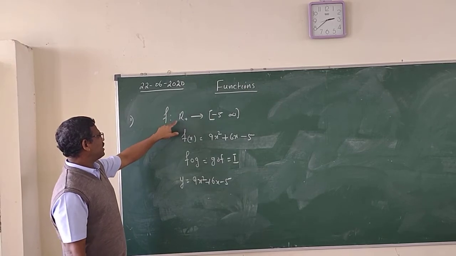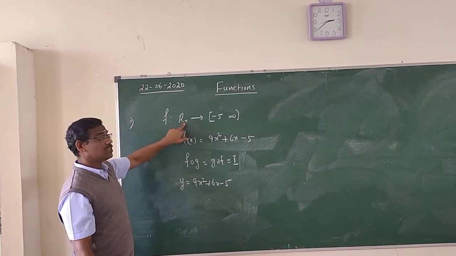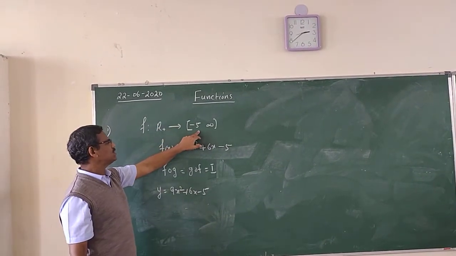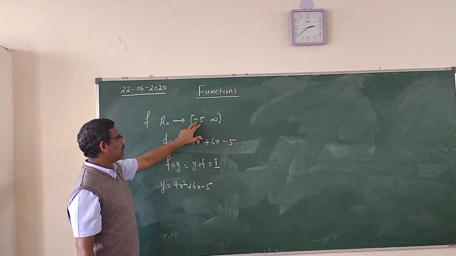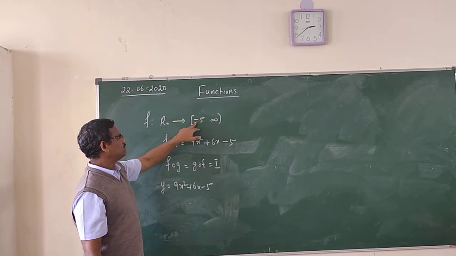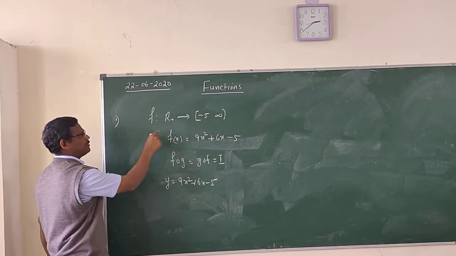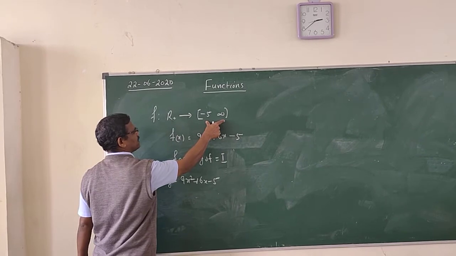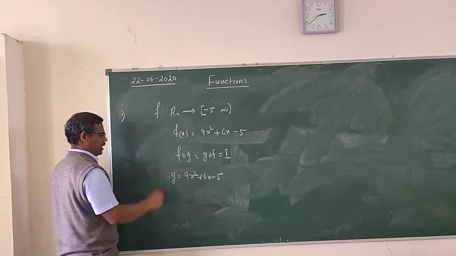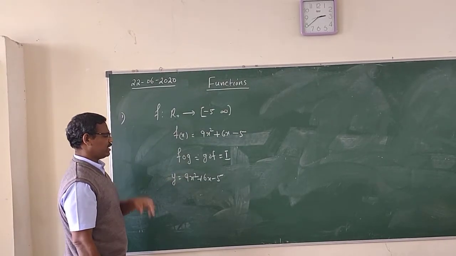Here you can see that the function's domain is R plus, the set of all positive real numbers, and the codomain is the interval [−5, ∞), left closed and right open. There is a specific reason for keeping this domain and codomain like this. Let us find x from here.